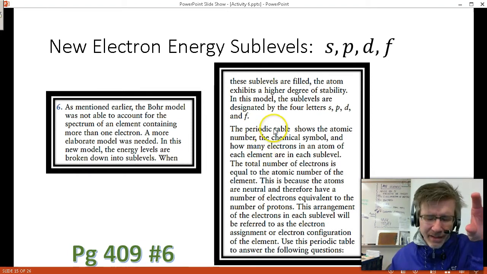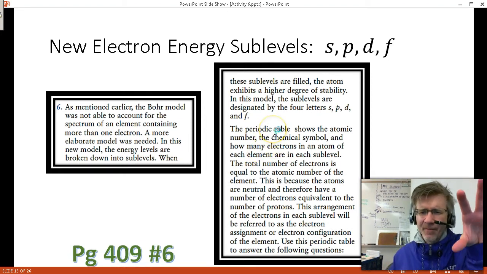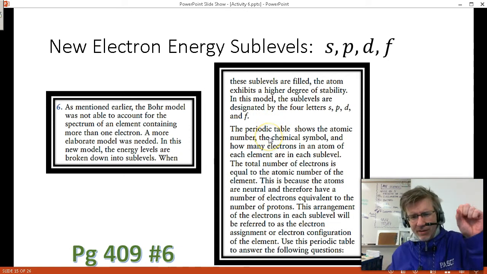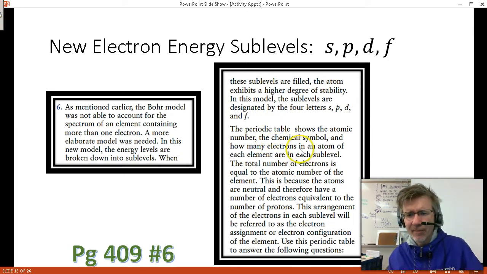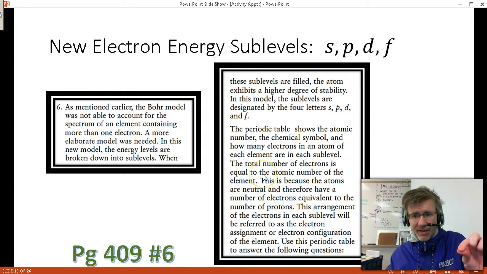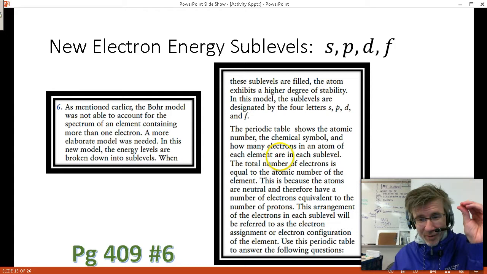So we've got a new periodic table, and this new periodic table is going to show some of the stuff we're familiar with: atomic number, chemical symbol, how many electrons are in an atom, but also now how many electrons are in each sublevel. The total number of electrons is equal to the atomic number of the element. That's what's equal to the protons.